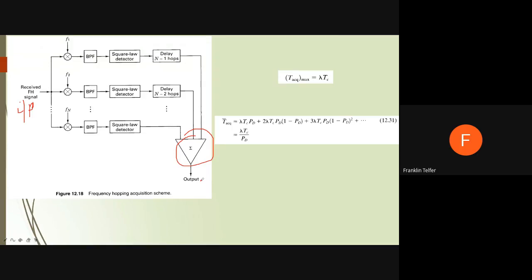This bandpass filter is a non-coherent matched filter. It is followed by a square law detector. This makes sure that the proper frequencies are band limited, detected, and delayed. So it finds the proper code sequence.